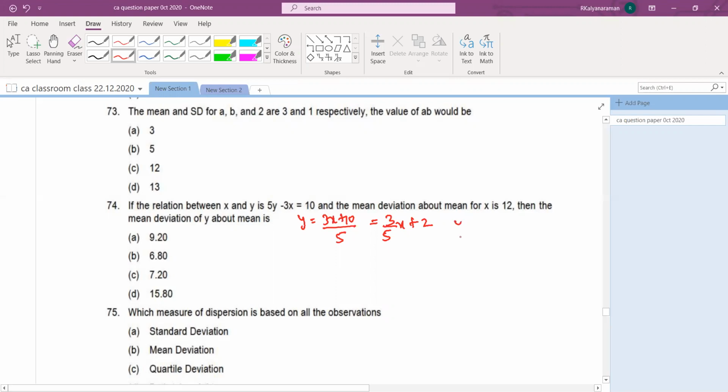If I have y is equal to a plus bx, the mean deviation of y will be equal to modulus b into mean deviation of x. So here, this is a, this is b. So here it will be 3 by 5 into 12. So it is 36 by 5, so 7.2.